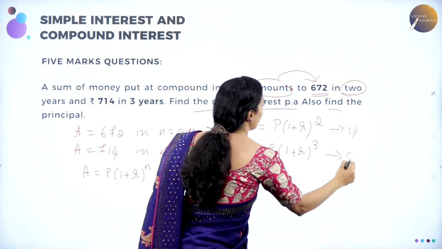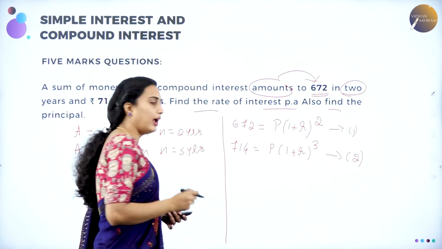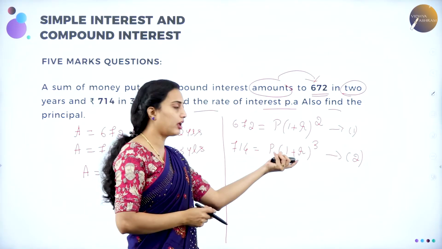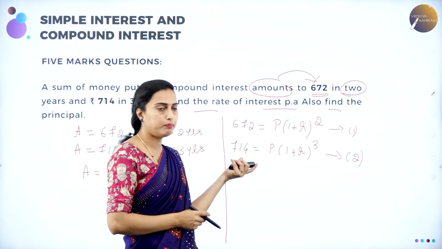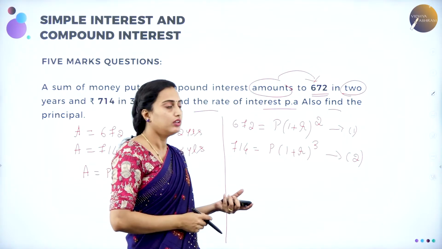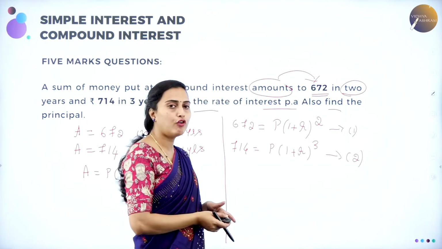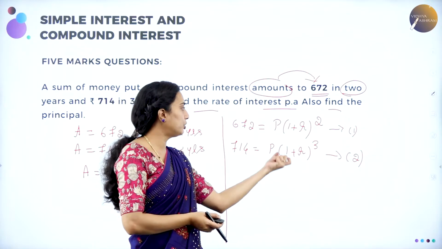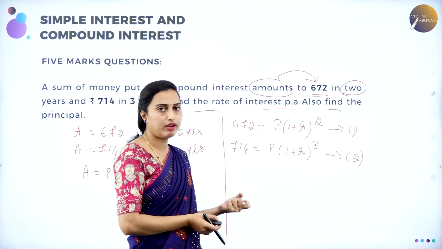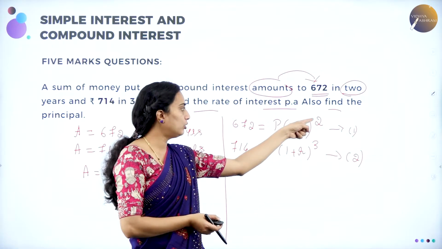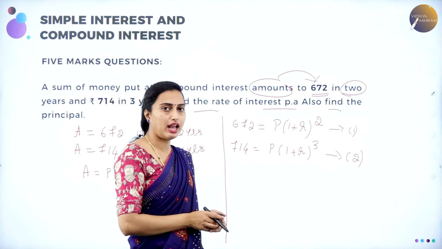Let me call this equation 2. Now, I want R to find P, isn't it? Because A is already given. Now, I can divide equation 2 by equation 1. Why? Because the powers of 3 and 2 will cancel.